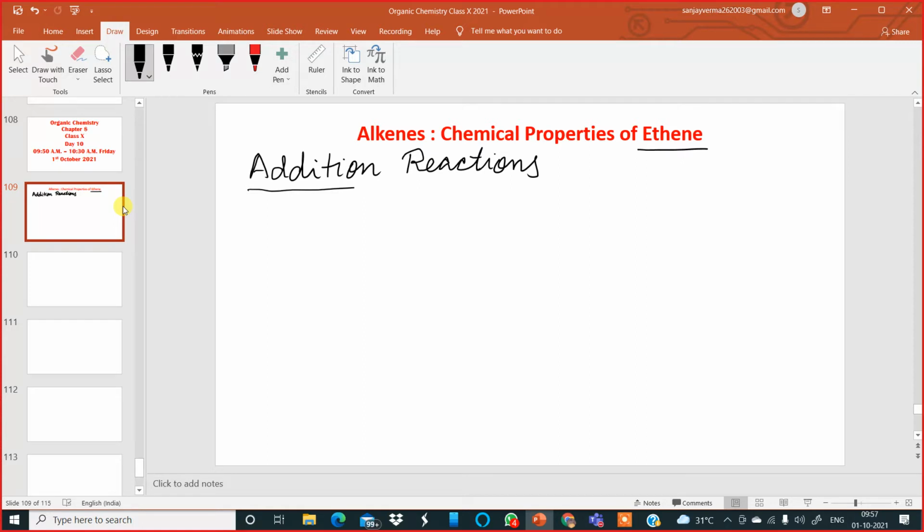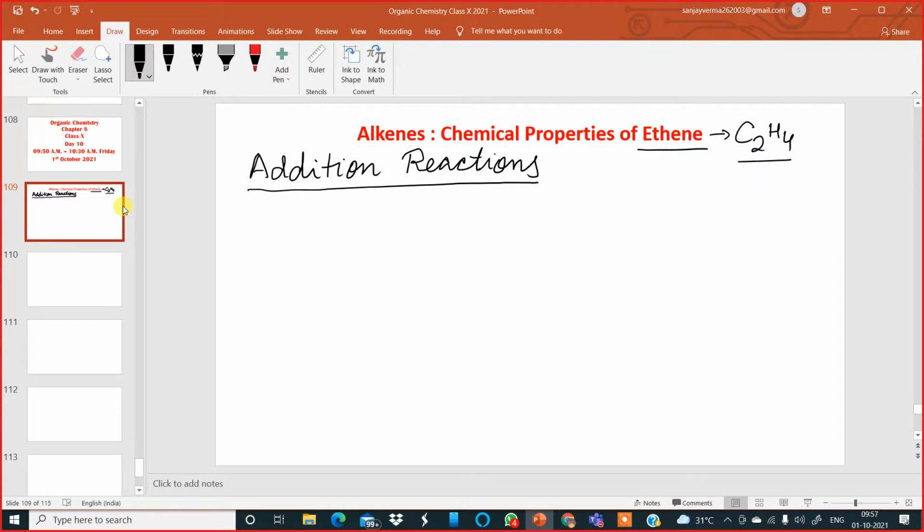Alkenes undergo addition reactions. This is the type of reactions undergone by alkenes, and the alkene which is to be studied by us is called ethene. The molecular formula of ethene you already know, it is C2H4.